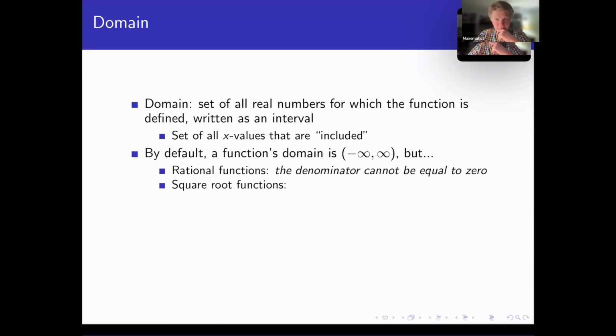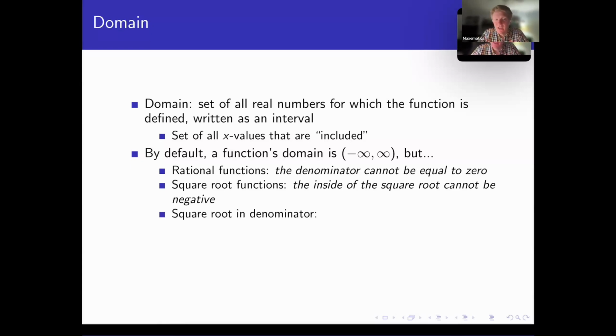Okay. Square root functions. Well, we know we can't take a square root of a negative number, so we need to make sure the inside is not negative. If you have a square root in the denominator, well, kind of like a combination of the previous two examples. These two are kind of red flags on their own, these first two bullets.